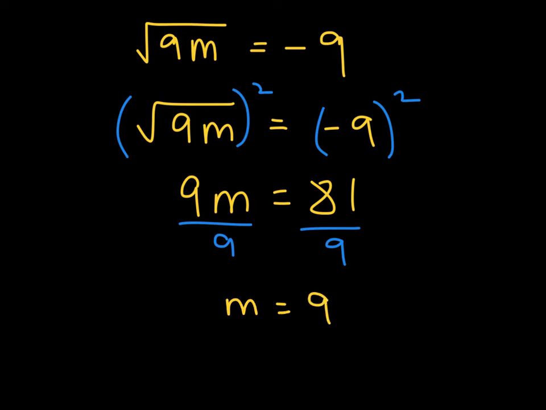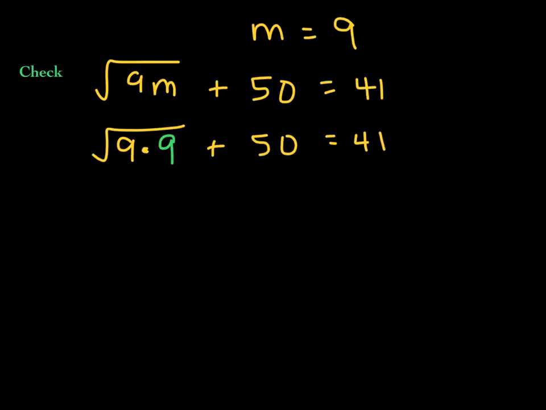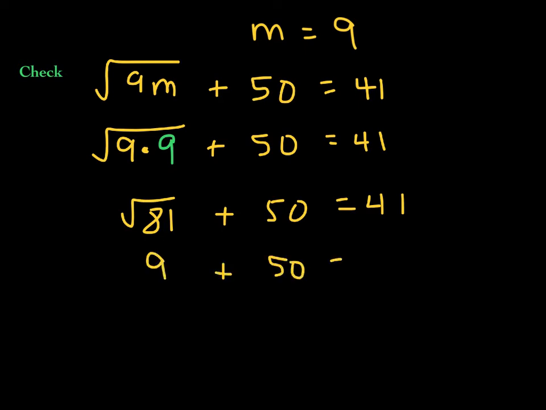All right, so here we go. This is what the checking process looks like when I plug 9 into the original equation, and I end up getting the square root of 81, and then plus 50 is 41. The square root of 81 is 9. 9 plus 50 is 41. That is to say 59 is 41.